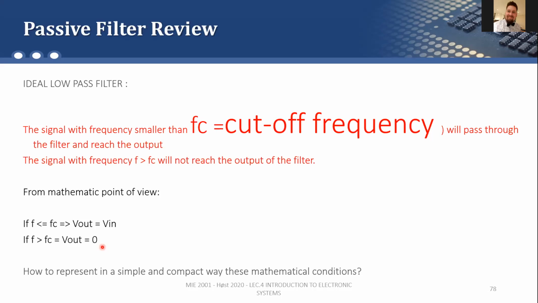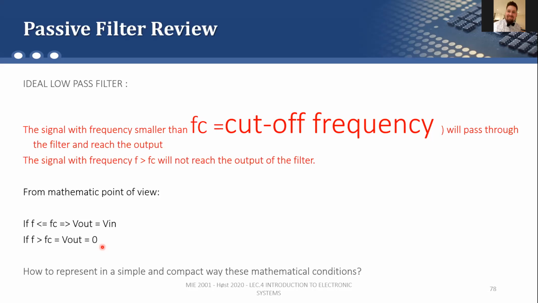How to represent this mathematical condition in a simple way? As engineers, a plot or graphical representation of the mathematical formulas is always much better and very useful for us. As engineers, we need to know the math because sometimes we need to solve new problems, and to solve them we need to know very well the math behind all the electronics.